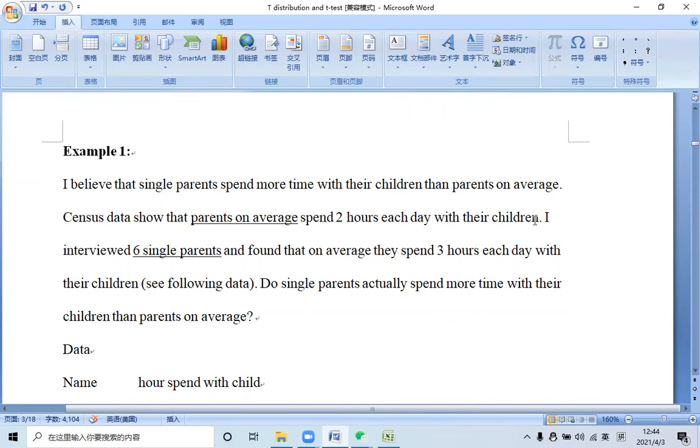But usually, most of the time, we don't know the population variance or standard deviation. So we use a t distribution. And if we don't know the population variance or standard deviation, we need to estimate that from the sample.